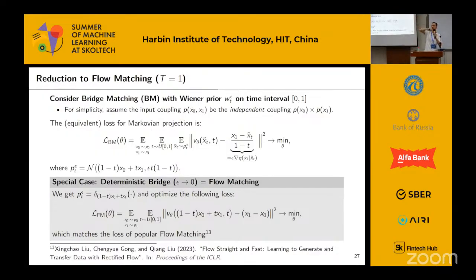It will have 0 variance. And the target on which we have to regress will boil down to basically x1 minus xt divided by 1 minus t. But if all these 3 points lie on the same line, then it will be just x1 minus x0. It's a small, simple exercise to check this.